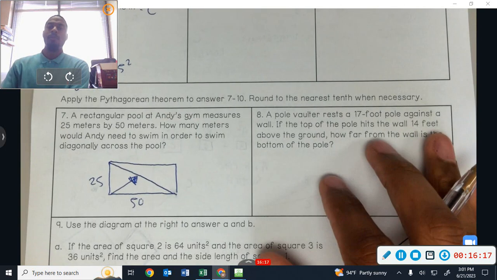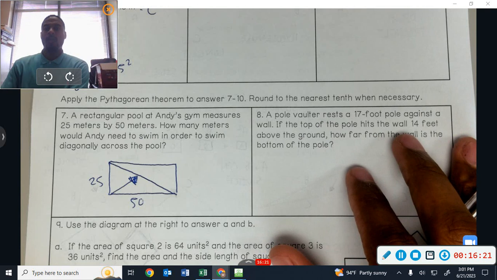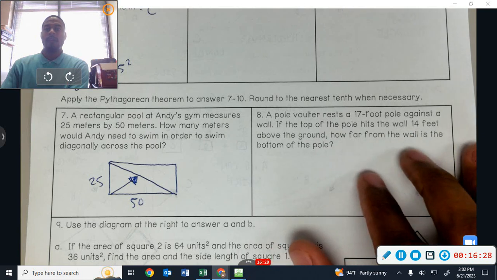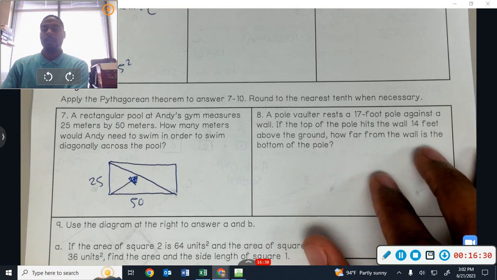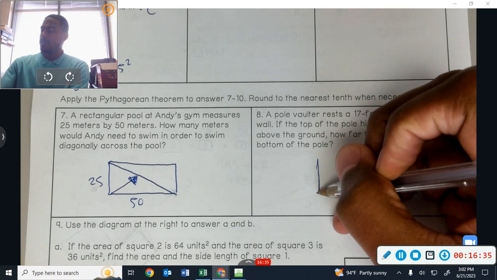A pole vaulter rests a 17-foot pole against a wall. Okay, if the top of the pole hits the wall 14 feet above the ground, how far from the wall is the bottom of the pole? Okay, so you have this happening here.